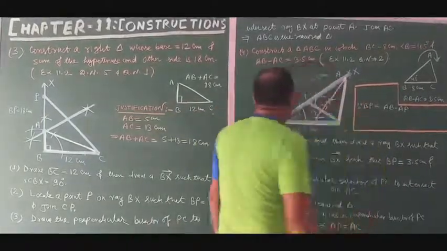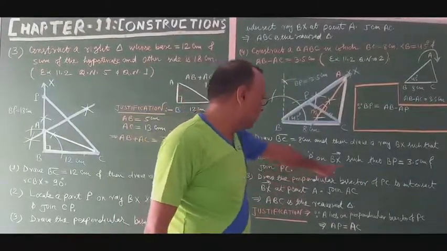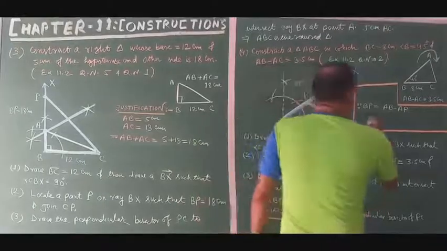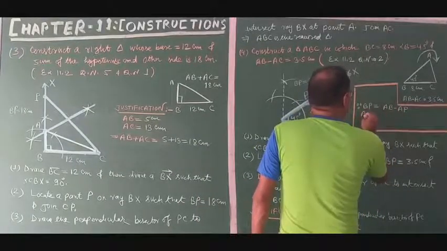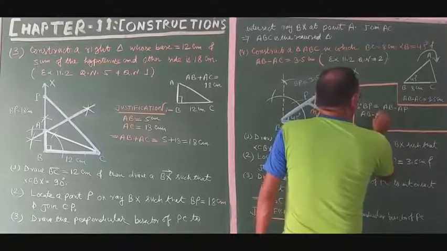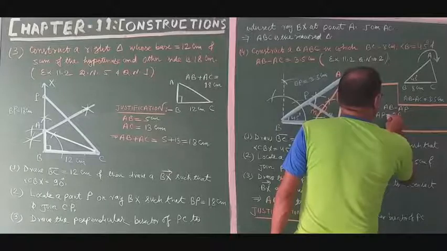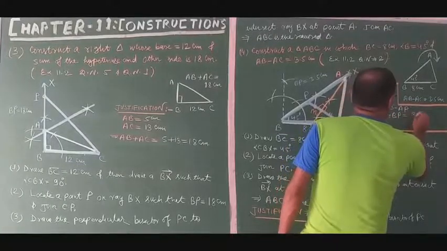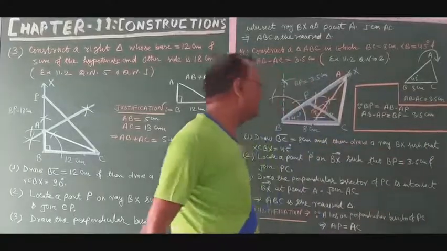And what is the length of BP? We have constructed it by locating a point such that BP is equal to 3.5 centimeter. So AB minus AP is equal to BP, which is given as 3.5 centimeter.